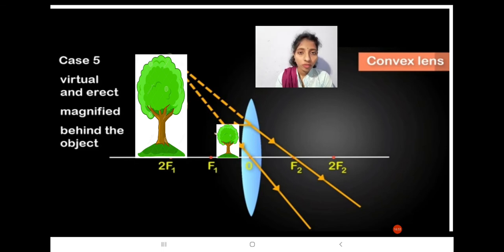When we take the object between f1 and the optical center, we will observe the image behind the object, and the image is magnified, virtual and erect. So these are the 3 rules and 5 cases to draw the ray diagrams for the convex lens.